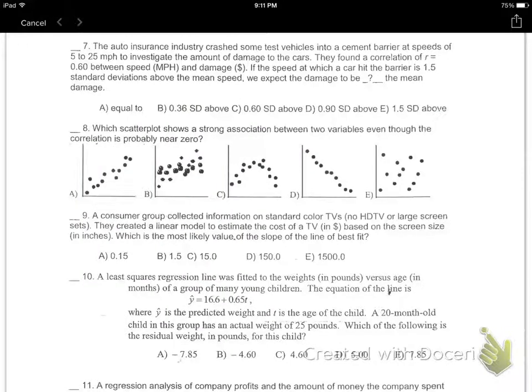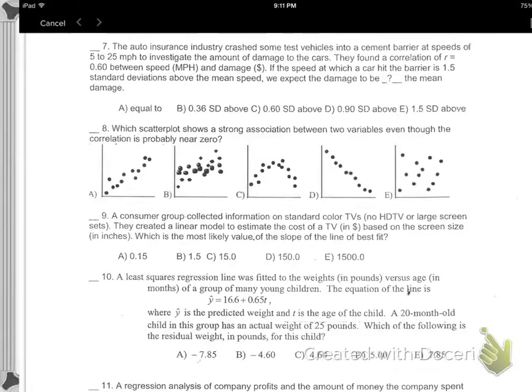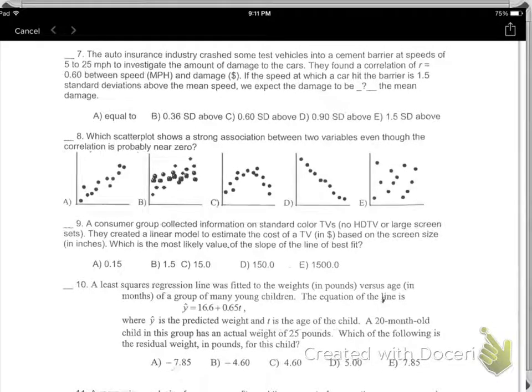Okay, so here we're talking about a correlation of 0.6, and they said the speed of the barrier is 1.5 standard deviations above the mean. We expect the damage to be blank, the mean damage.